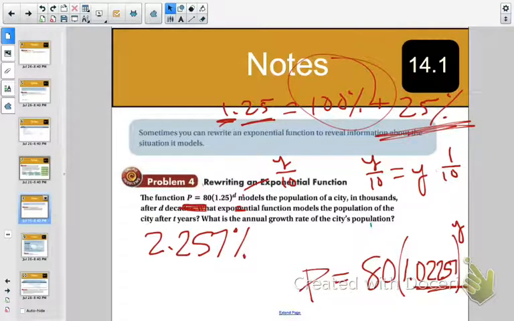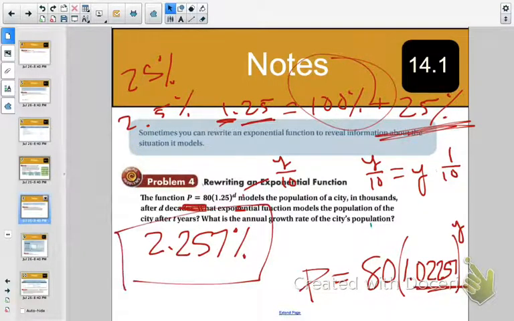Okay, so you can see that even though it grows at 25% per decade, we can't just divide that by 10, because if you do that, you'd get 2.5%, which is a little bit of an overestimate. That's because this is an exponential function, not a linear function, so you can't just divide by 10 and keep it constant. That's why we have to rewrite it like this to find the annual growth rate.